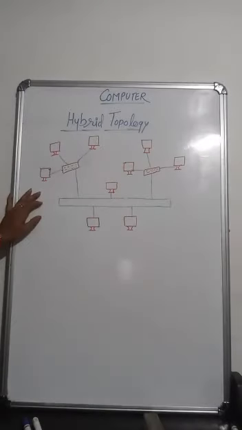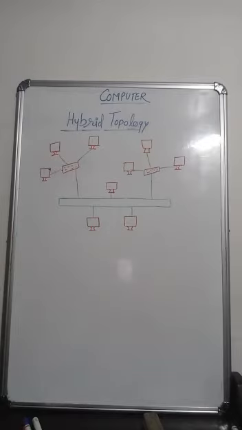This is hybrid topology. Hybrid topology is a mixture of two or more different types of topologies. For example, if in an office in one department ring topology is used and in another star topology is used, connecting these two topologies will result in hybrid topology.